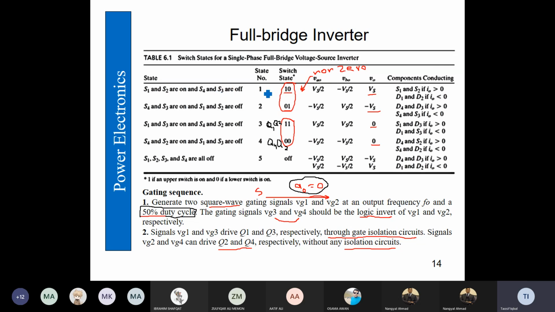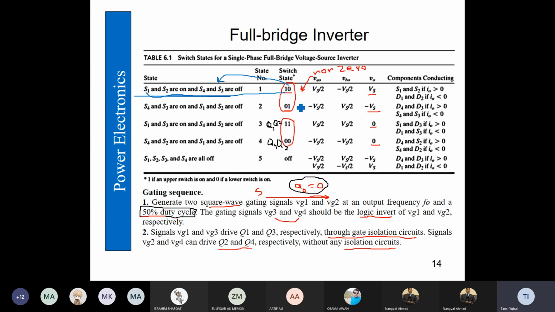So 0 indicates that S3 is off, and 1 indicates the upper switch S1 is on, and 0 means the lower switch S2 is on, and 1 means the lower switch in the left half bridge S4 is off.